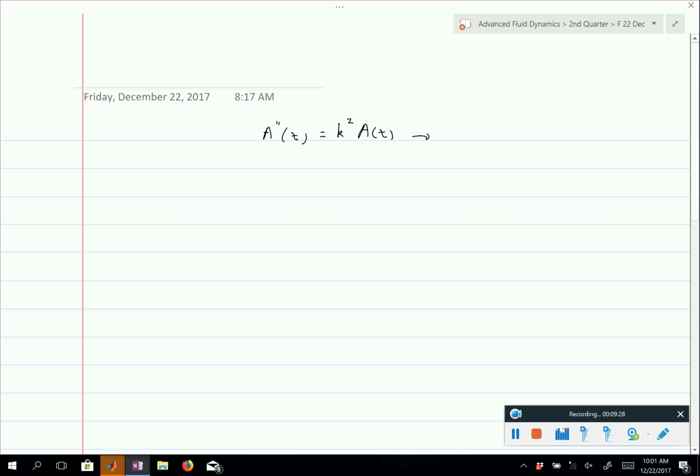So we know that a(z) is going to be equal to a combination of a hyperbolic cosine plus, let me put alpha, plus alpha hyperbolic sine of kz. Okay, this is going to be the form for a(z), and therefore our potential, right, is going to be equal to that.